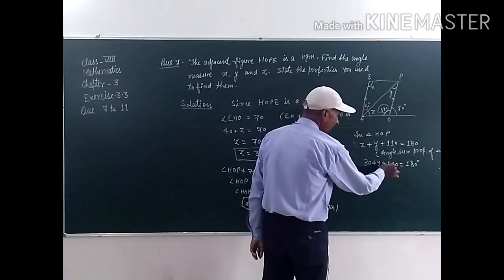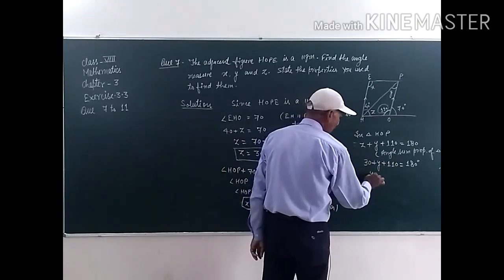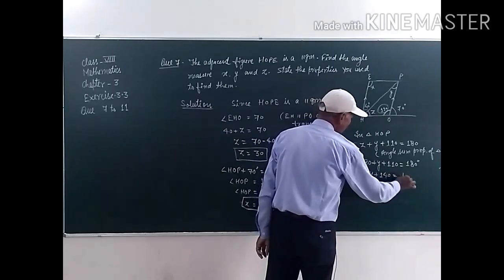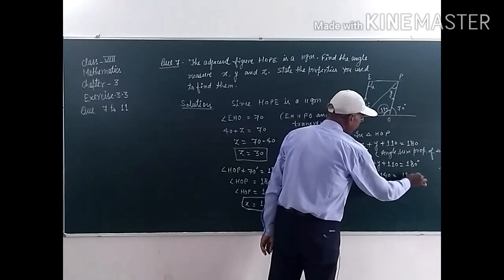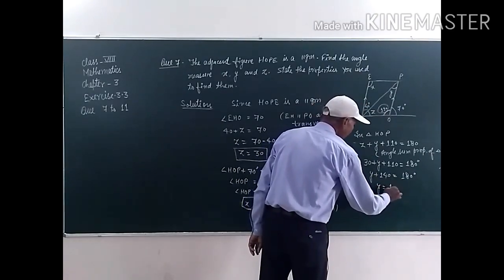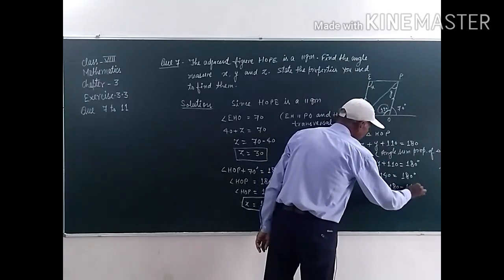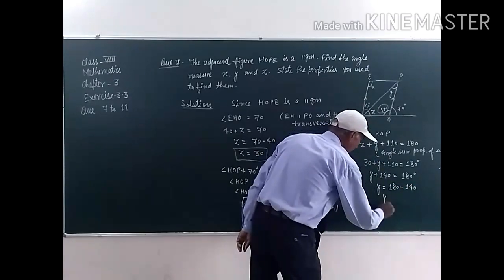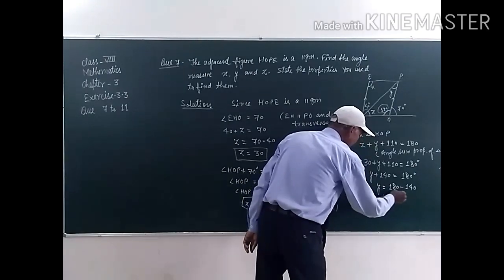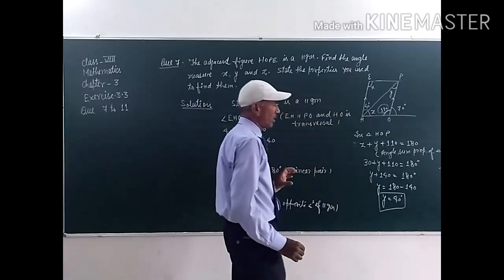Now 110 and 30, it will be 140, student. Y plus 140 is equal to 180 degree. Now y is equal to 180 minus 140. So value of y is equal to 40 degree. This is the answer of the third part of this question, student.